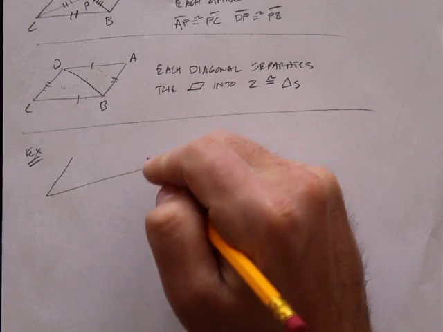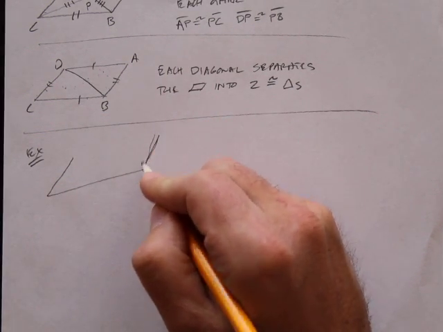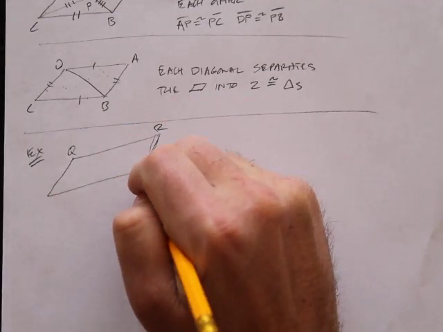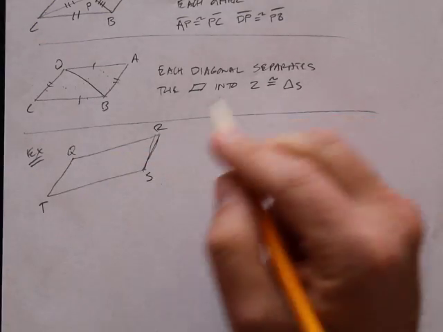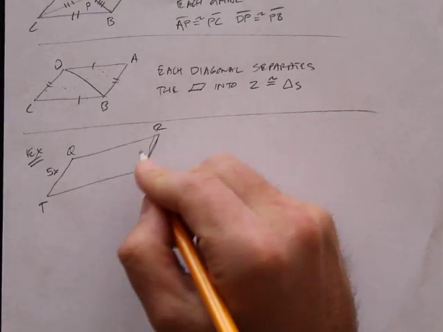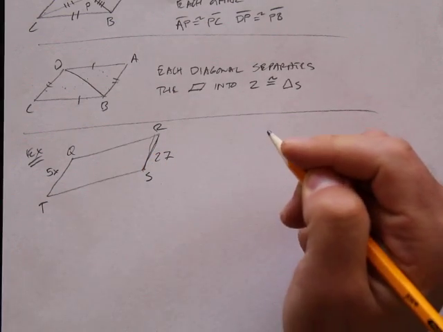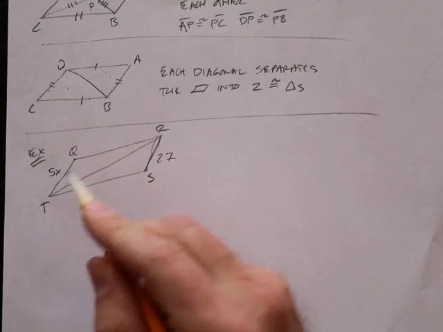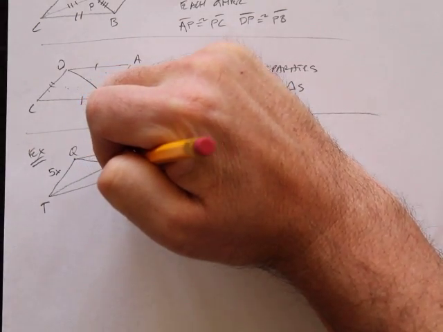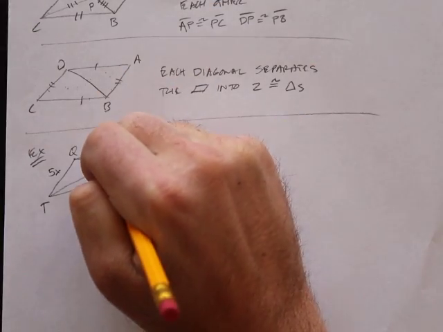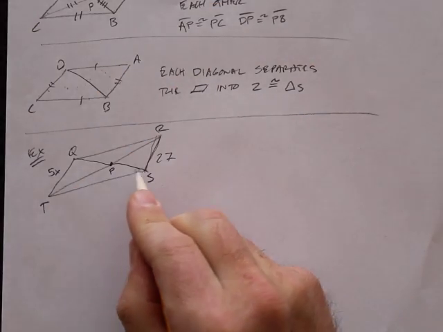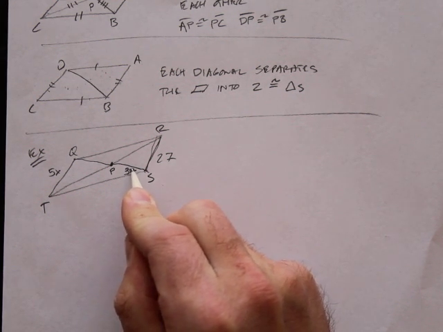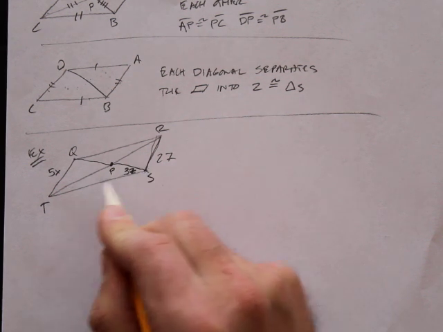Here I am drawing a parallelogram. Oops, not super parallel there. Q, R, S, T. QT is 5x. RS is 27. We're going to draw some diagonals here from R to T and Q to S. And in the center there is P. This angle PST is 3z.